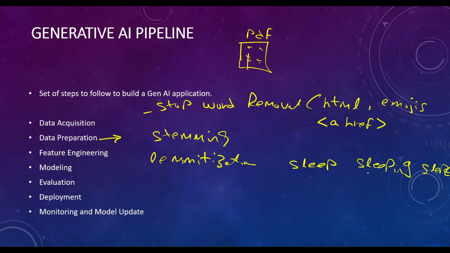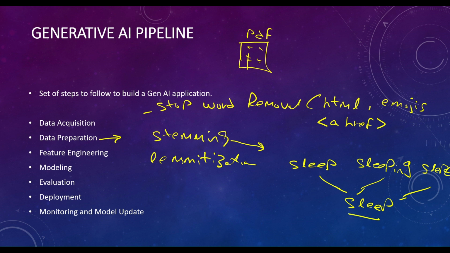So these are the three words. Now if we talk about stemming, you want to know the root of these words. So you have sleep, sleeping, slept. Now the root of all of these three words is sleep.